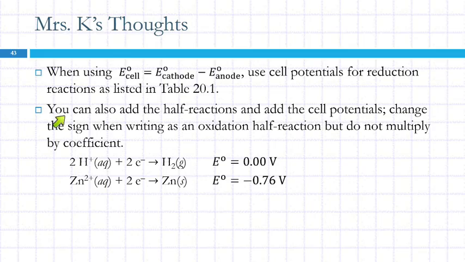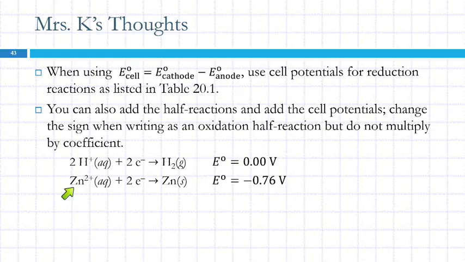You can also add the half reactions and add the cell potentials. So you're going to look at, well, what's actually going on here? Here I have, this is written as a reduction. This is also written as a reduction. If we're going to flip the direction of the reaction, we're just going to change the sign of the potential.